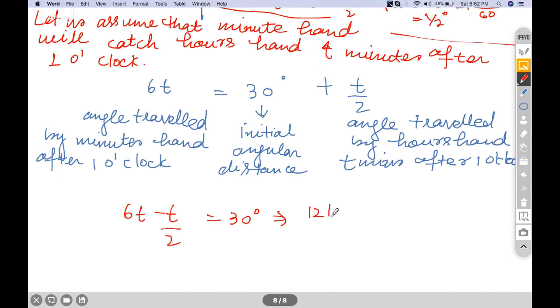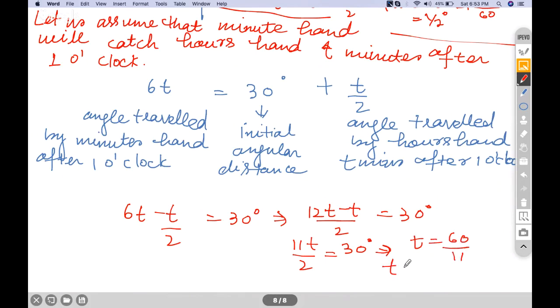So 12t minus t by 2 is equal to 30 degrees. So 11t by 2 is equal to 30 degrees, or t comes out to be 60 by 11, which is 5 5 by 11 minutes. So 5 5 by 11 minutes after 1 o'clock.